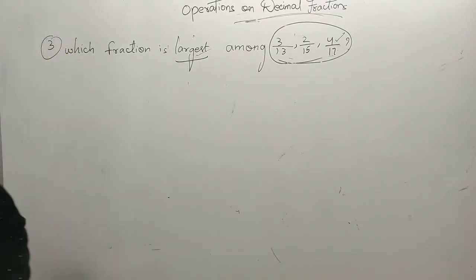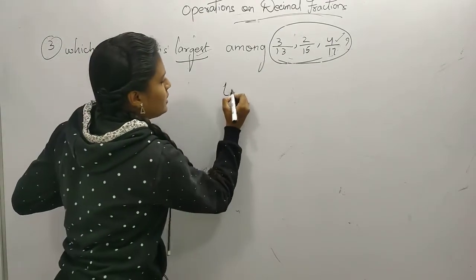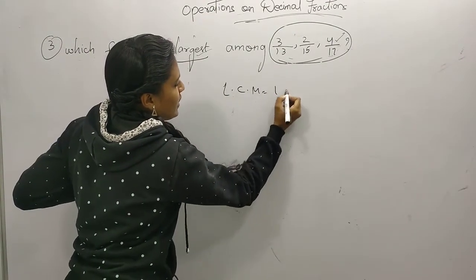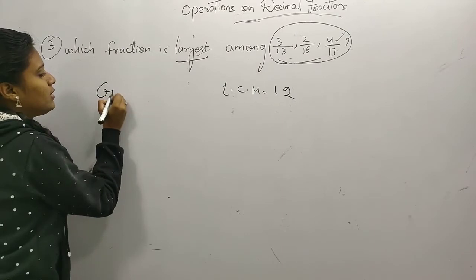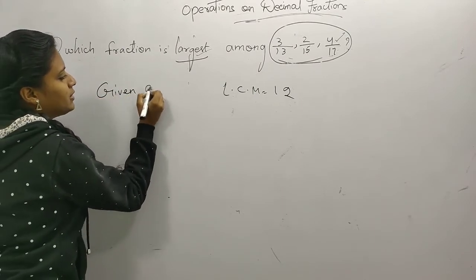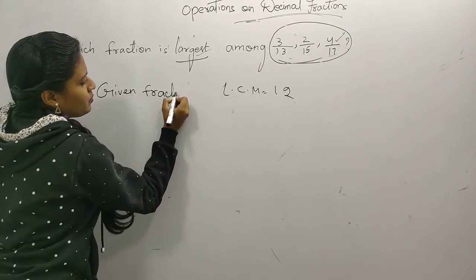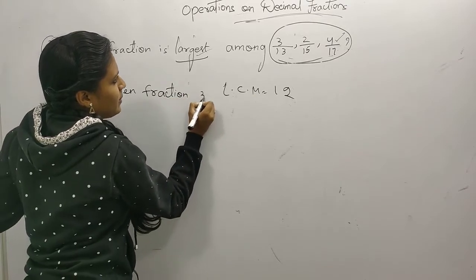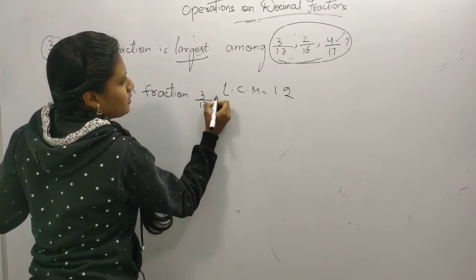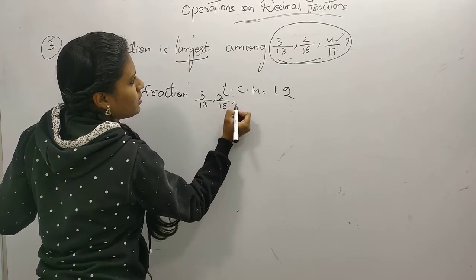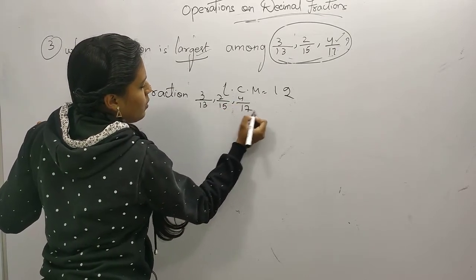Then what is the given fraction? The LCM value we got is 12. First we will do the given fractions: 3 by 13, 2 by 15, 4 by 17. We have to find one.